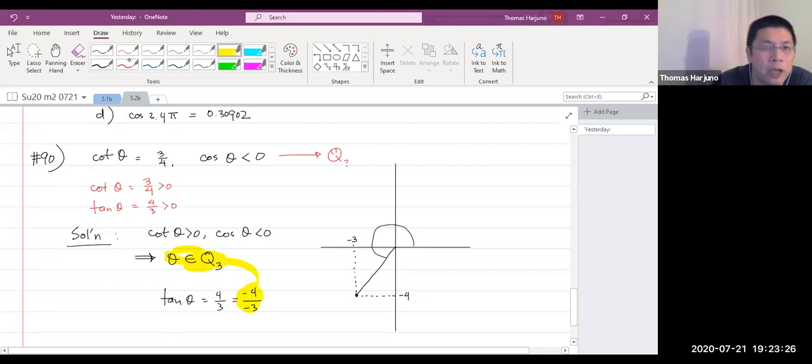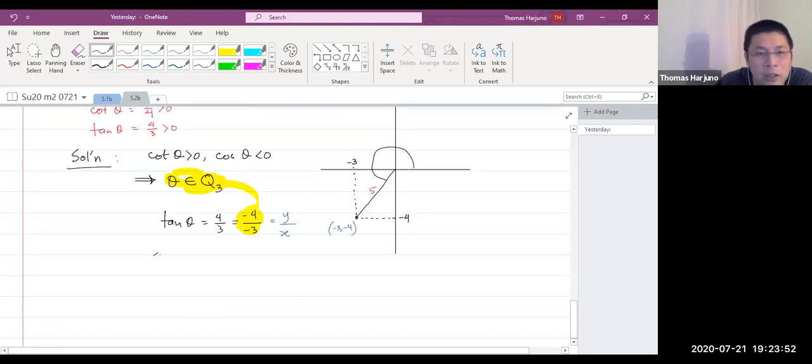Then if that's the case, our hypotenuse, or r, will be 5. Let's assign the y to be -4, the x to be -3. Then from there we can find sine and cosine. Sine theta will be y/r.